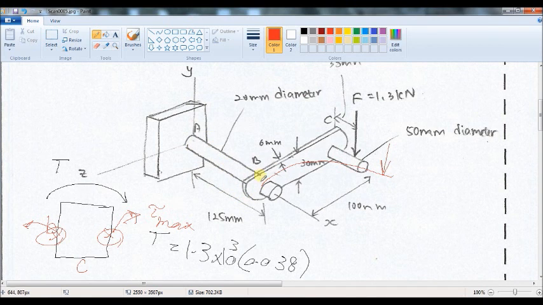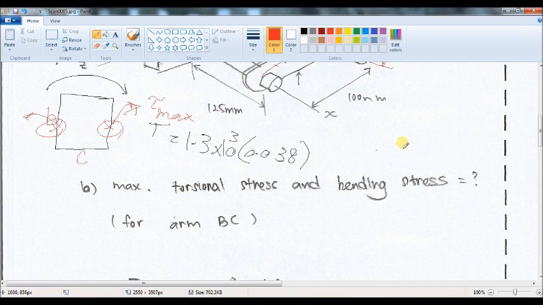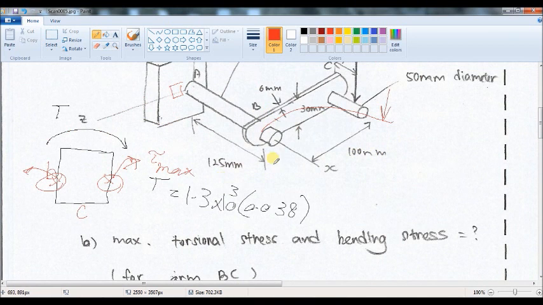In order to realize that, or differentiate that, we need to draw a stress element here. We were looking at this cross section.